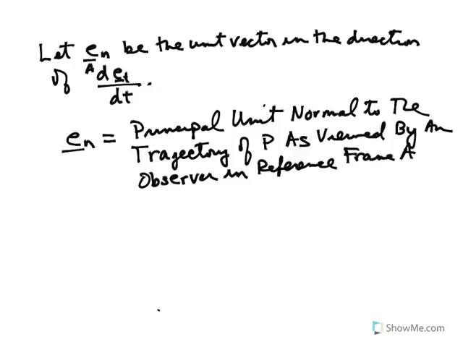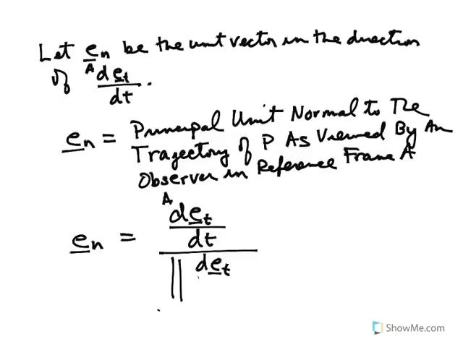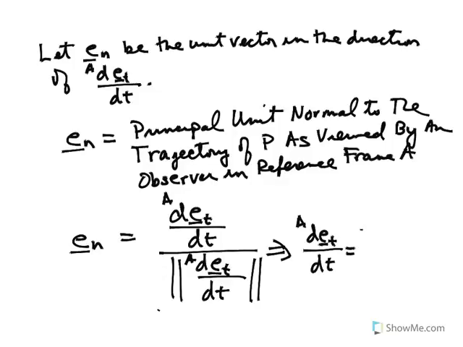Now, using that, since En is the unit vector in the direction of dET dt in A, we know that En can be written as the rate of change of the tangent vector in A divided by its magnitude, because that defines a unit vector. And from that, we can actually write that dET dt in A is equal to its magnitude times E sub n.